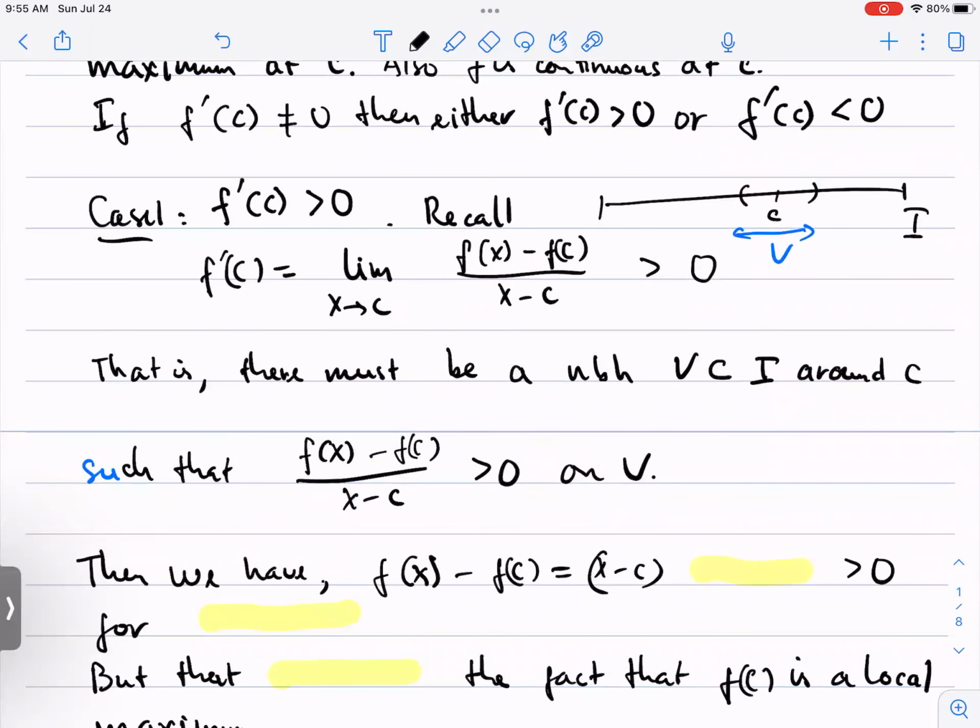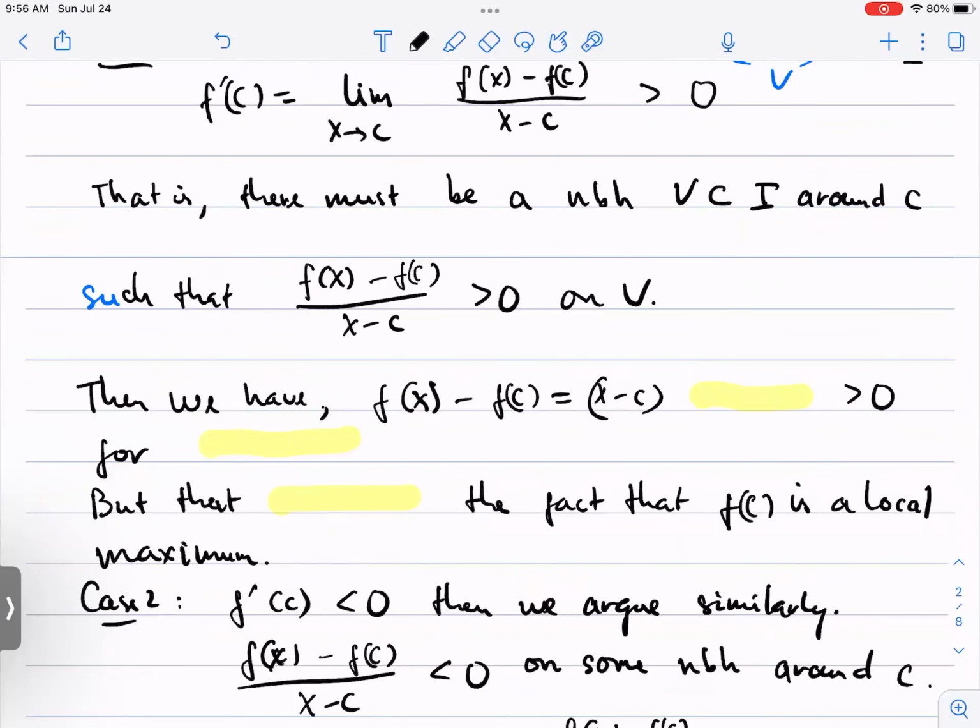That is, there must be a neighborhood around the point C such that the expression is bigger than 0. That is because of the property of a limit. This function approaching a positive number means that within a small neighborhood around this point, the function must be positive.